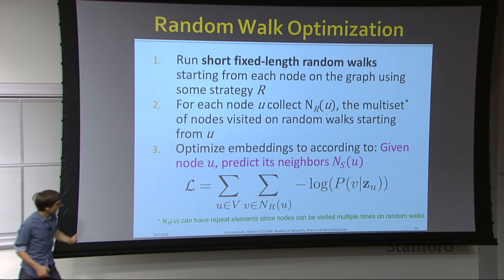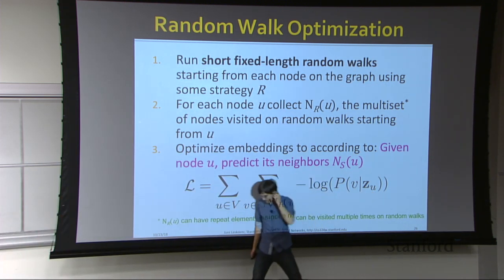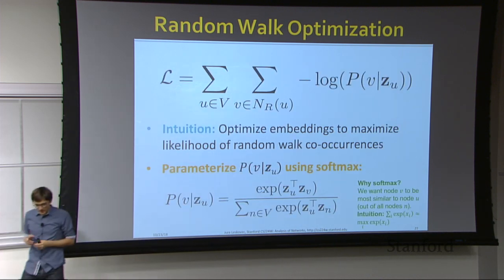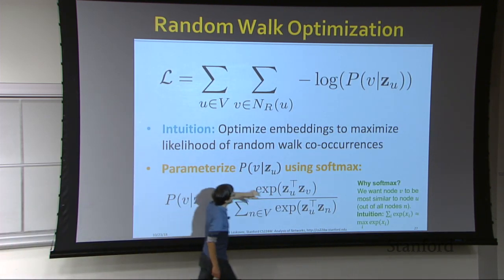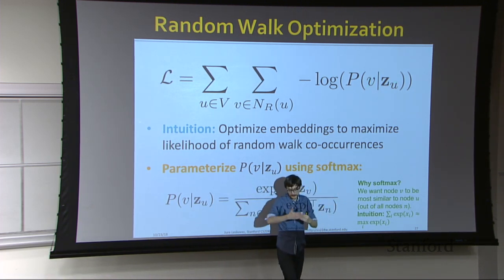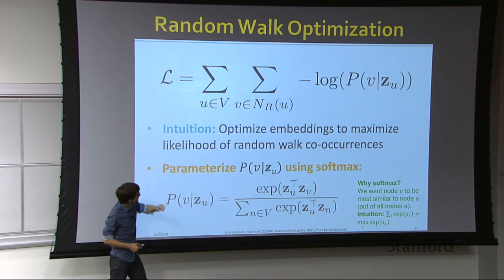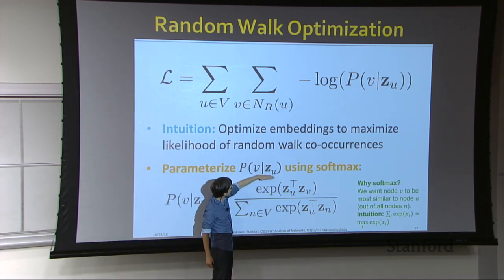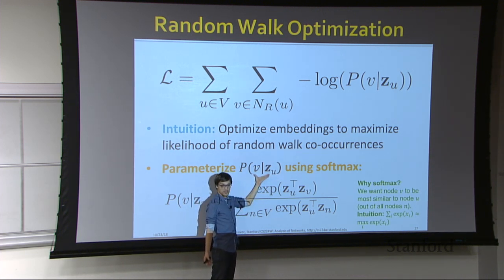So now I need to keep unpacking what this really means. My optimization problem is, given that I started at node U, I want to predict what neighbor V is in its neighborhood. The question is, how do I model, parameterize this probability?